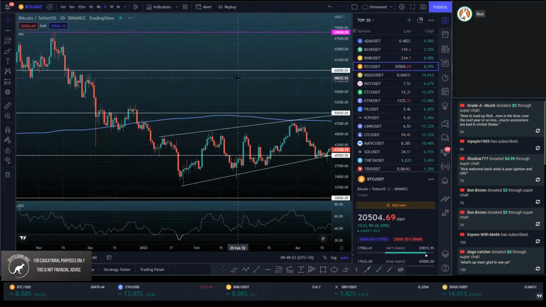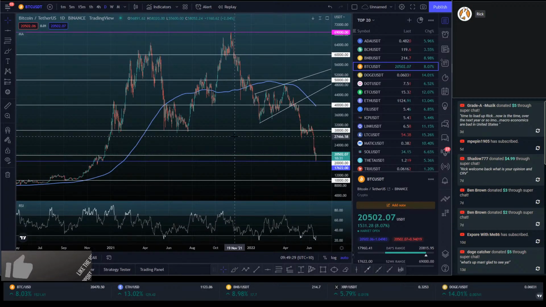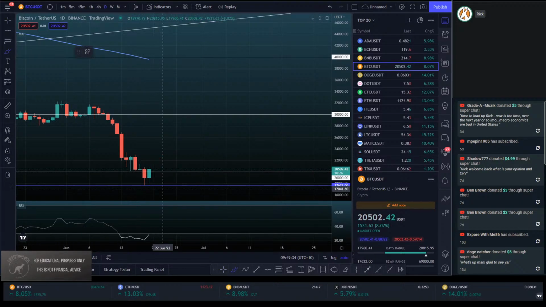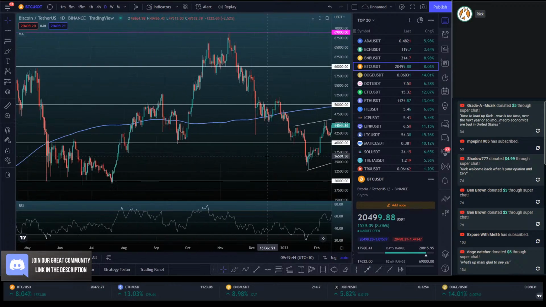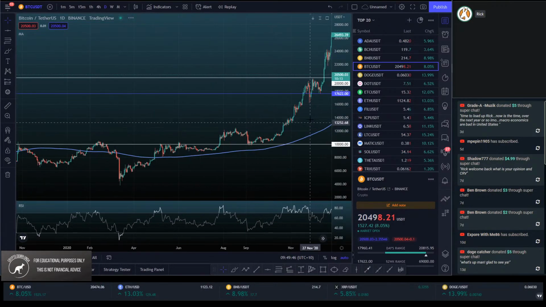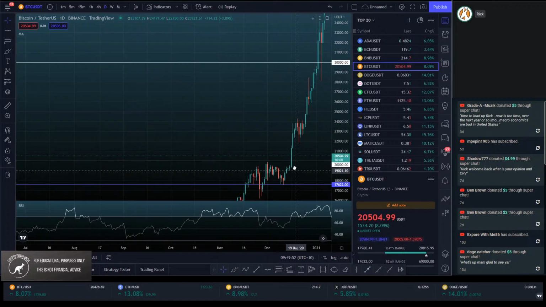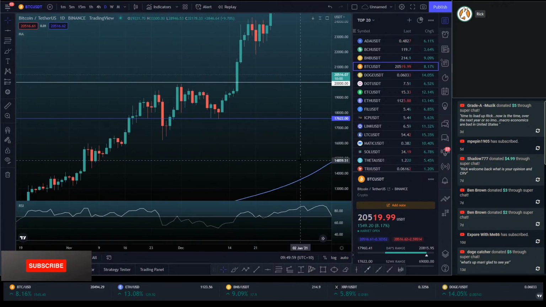Let's go back to the daily chart and see what kind of supports we're working with. So we currently bounced here at 17,622. Let's try and find why. There's got to be something in the past that produced that kind of support, and you can see here it's the bottom of this. This is back in 2020, the end of 2020, just before the huge bull run or during the start of it.